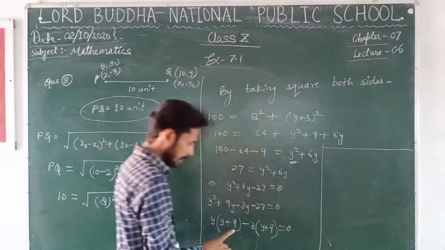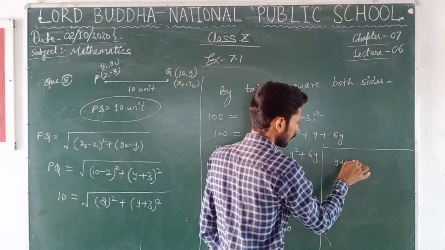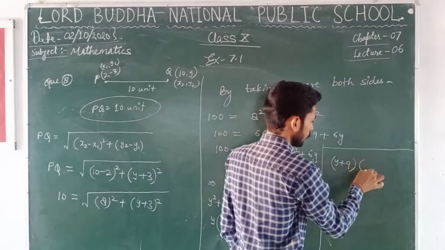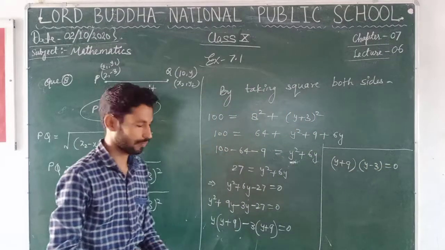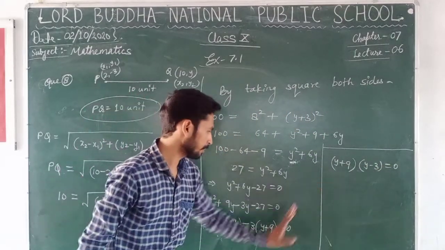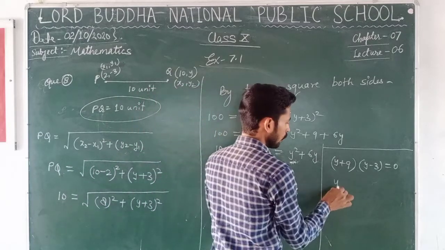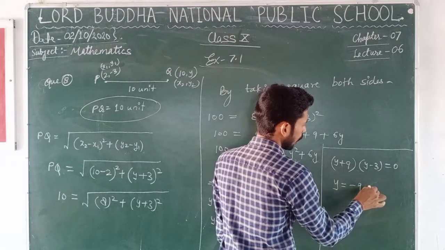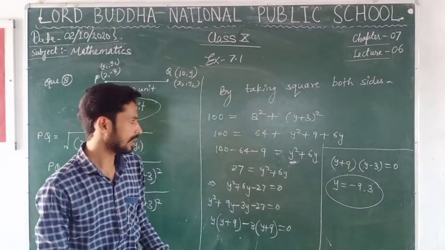In the first bracket y plus 9, in the next bracket y minus 3. So the value of y equals minus 9 or plus 3. Clear? That is the answer.